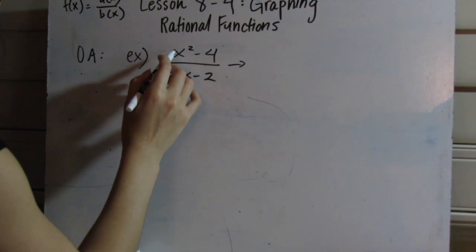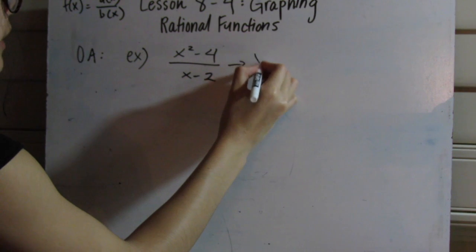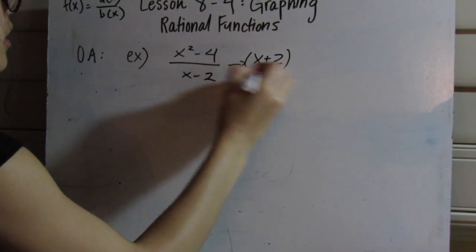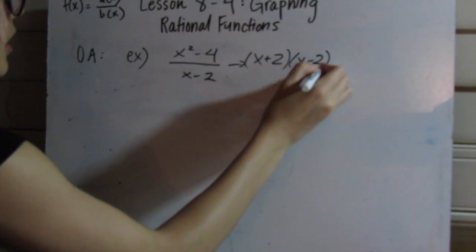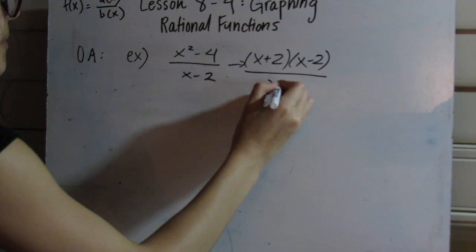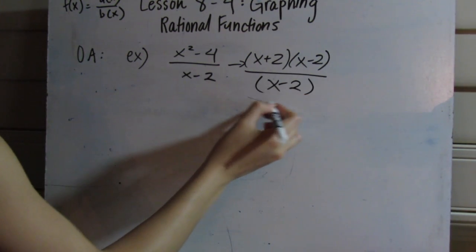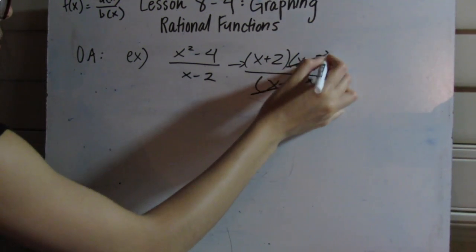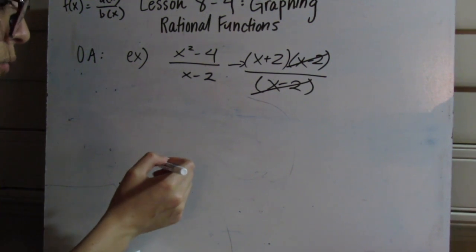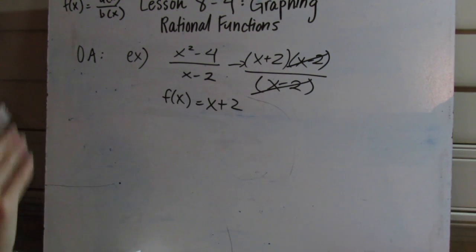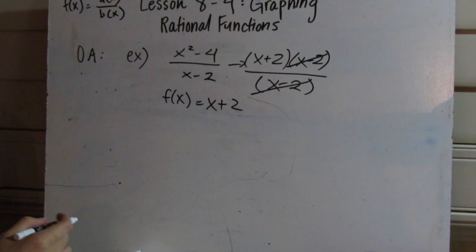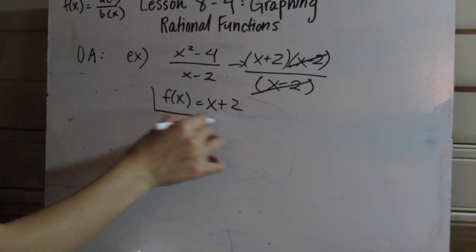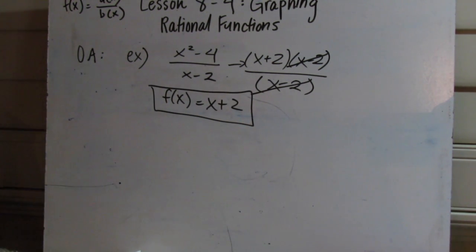So this is a difference of 2 squares, so you're going to have x plus 2, x minus 2. And the bottom is going to stay the same. And then you're going to cancel out these two terms right here, and you're left with x plus 2. So once you do this, you know that your oblique asymptote is going to be at x plus 2, and you just graph it like a line.